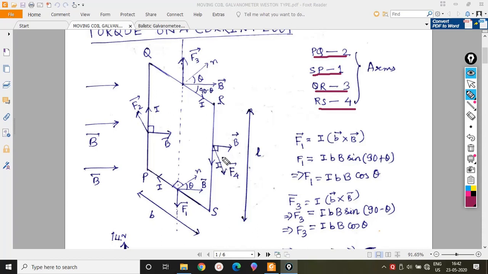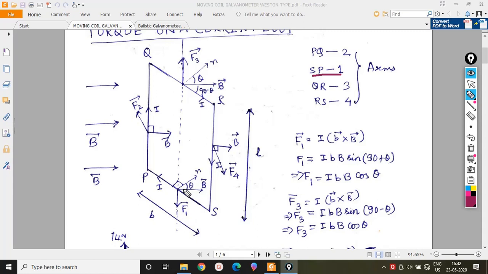Now let us analyze the forces in each arm. First we'll start with the SP arm, arm number 1. For convenience, I'm denoting the force acting on the arm SP of the loop as F1.